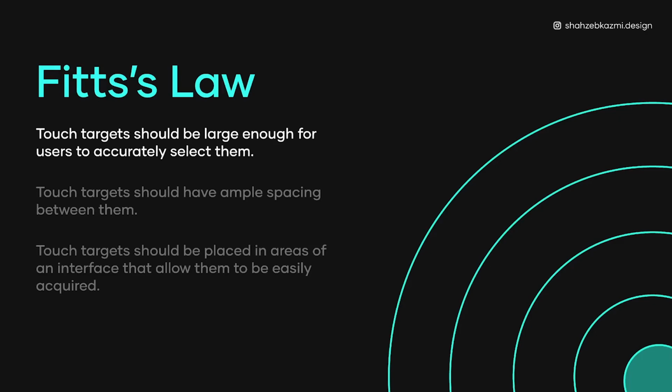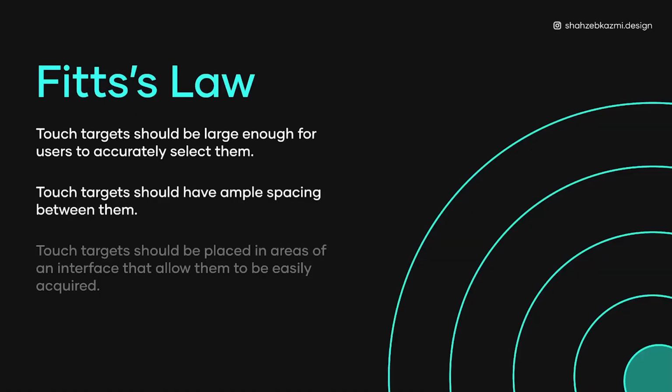First is the touch targets, which are the buttons, should be large enough for users to accurately select them. So size, if they are prominent, they are well positioned, they would easily attract the user's attention and would be effective. The second is touch targets should have ample spacing between them.